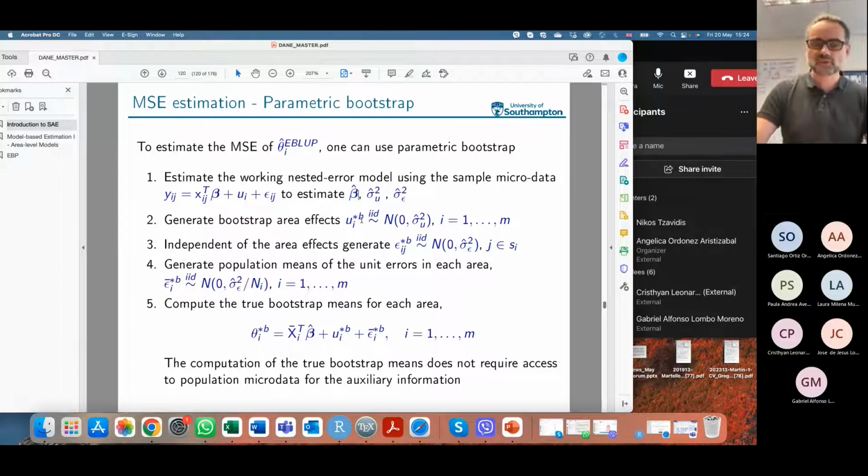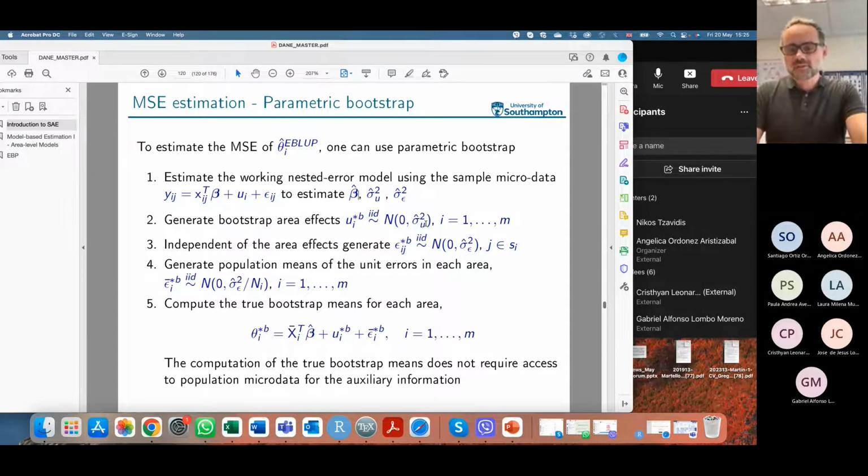The way you do that is, under the model you assume normality, so you generate a realization of area effects under normal distribution with mean 0 and sigma squared u. You have nothing else than the estimated sigma hat u that has been estimated with your original sample. So you save that, and then you go to step 3.